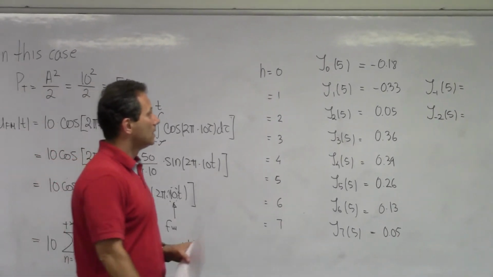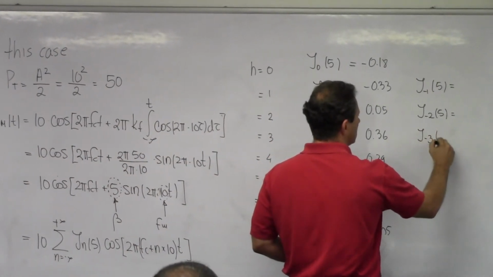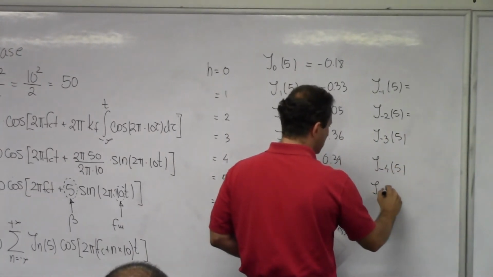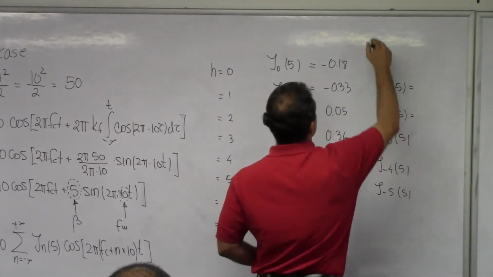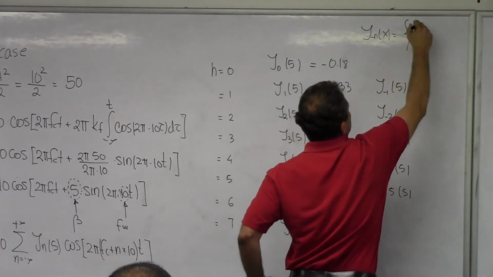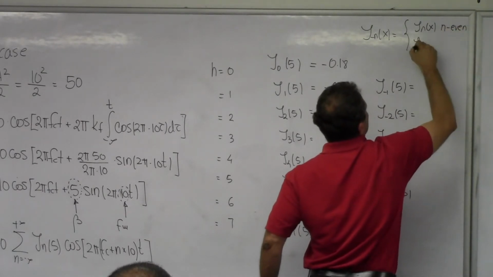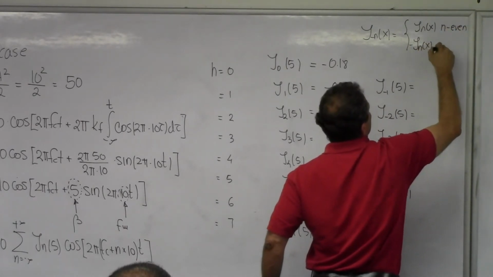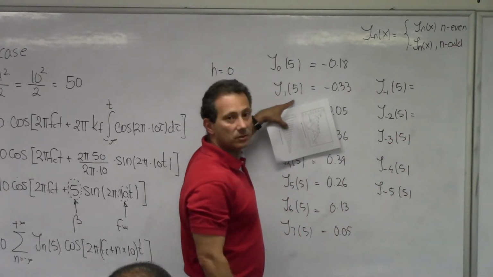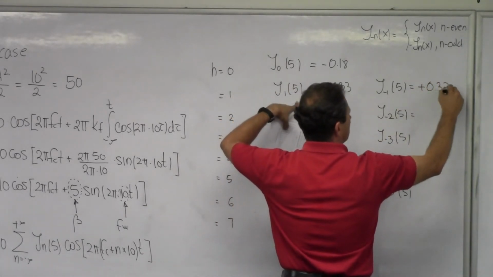Now, what do we know about the negative orders? In this table we don't have them, but we derived last time an expression that says J minus n of x is equal to Jn of x if n is even, and it's equal to minus Jn of x if n is odd, right? So this one is odd, n is equal to 1. So J minus 1 of 5 is plus 0.33.